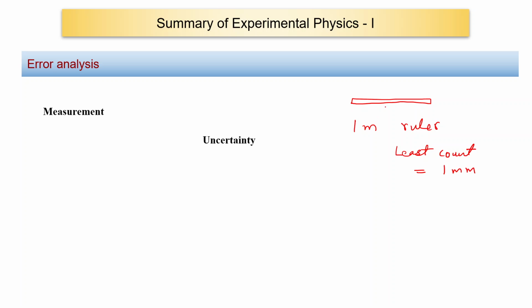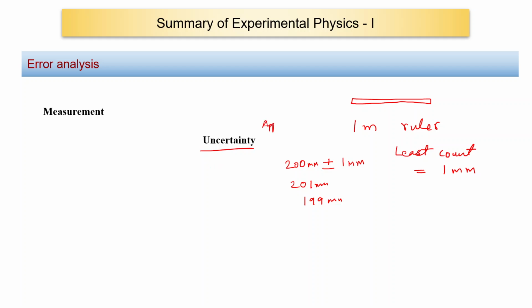So if I measure the length of this rod, there would be an error of plus minus 1 mm. Say if I'm getting 200 millimeter, then I cannot get accuracy better than this. This is the least count. It could be 201 mm or it could be 199 mm. I'm not certain about the value that I'm getting. So this is called the uncertainty, or we can also call it approximation.